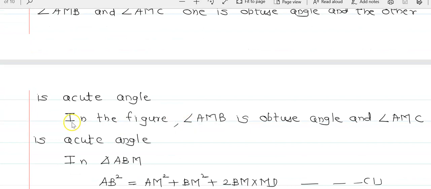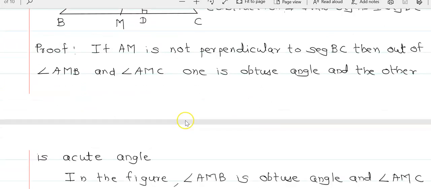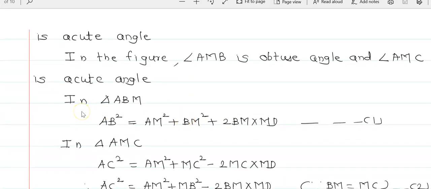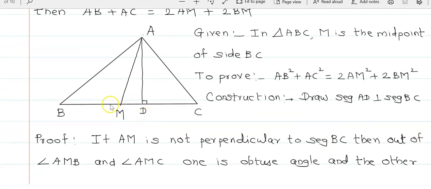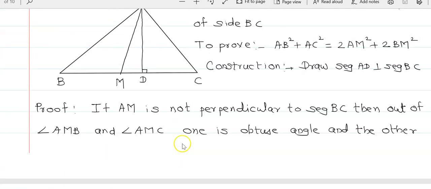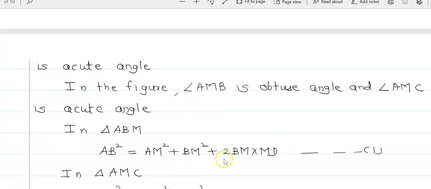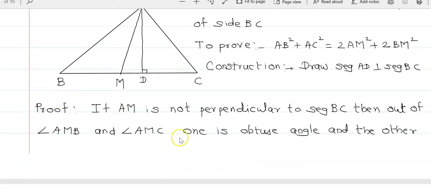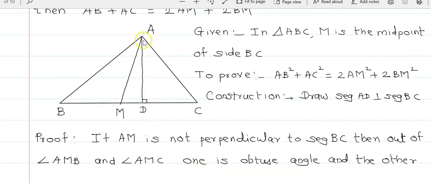Therefore, in figures A and B, this is the obtuse angle and this is the acute angle. We apply the formula for the obtuse angle and the acute angle. When this is the obtuse angle, AB square is equal to AM square plus BM square plus 2 times BM into MD. This is the first part.